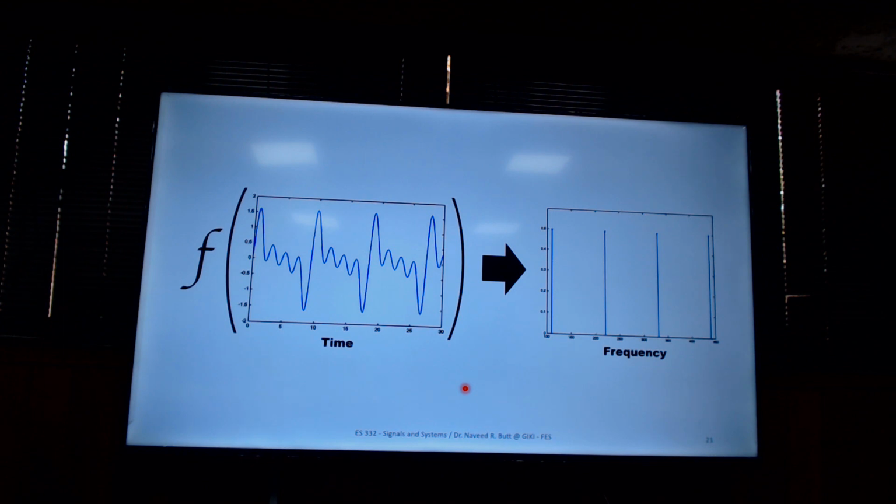Again, another example, as I said, today's lecture is more graphical, everything. Another example, if you had this in time, this shape, and you wanted to see, okay, what frequencies do I need to build this shape? Actually, you need these 4 frequencies, and these are their amplitudes, 0.5, 0.5.